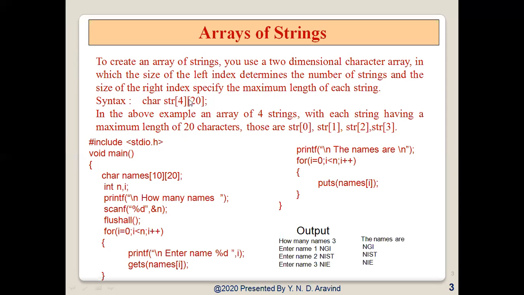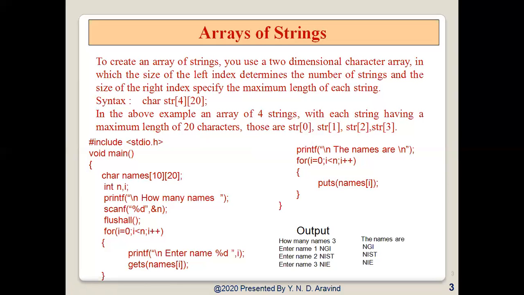So here the left index, this 4, mentions the number of strings and this 20 specifies the maximum length of each string. In the above example, an array of 4 strings with each string having a maximum length of 20 characters: string[0], string[1], string[2], string[3].